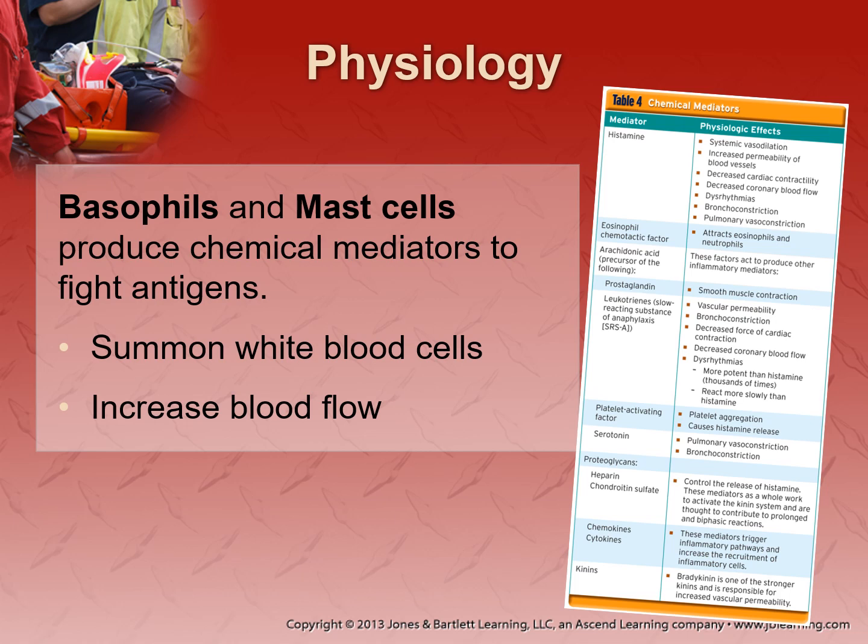We'll see a bunch of vasodilation and increased permeability, and what that allows is for our white blood cells to go into tissue, hopefully specifically where these mast cells have caused a histamine release. That is where the white blood cells will actually do what they do. So you increase blood flow to that area, and then you allow the blood cells to leave the vessels and go into the tissue to fight the fight.